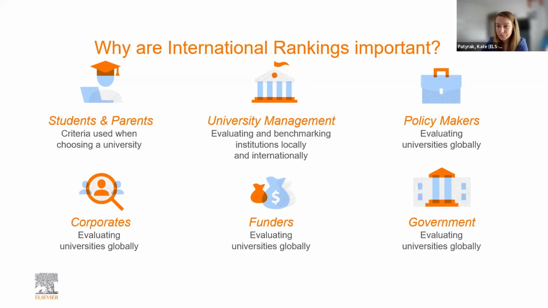As many of you well know, there are many people for whom rankings are important, whether from the perspective of students, parents, researchers, academic faculty, or funders. Rankings help build one perspective on a university's profile and performance based on similar criteria.